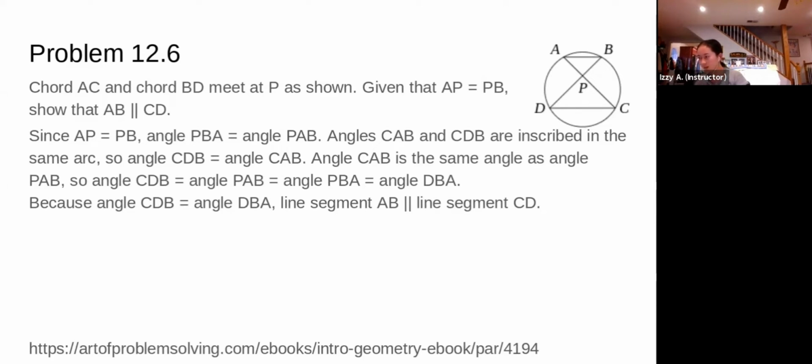Angle CAB is the same angle as angle PAB. So that means that angle CDB is going to be equal to angle PAB, and angle PBA is going to be equal to angle DBA. And because angle CDB is equal to angle DBA, line segment AB is going to be parallel to line segment CD.